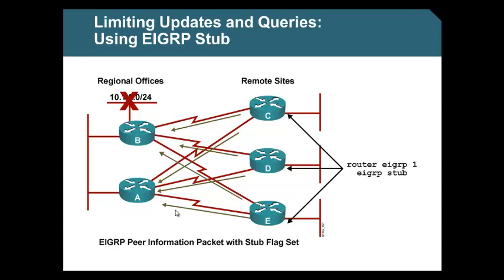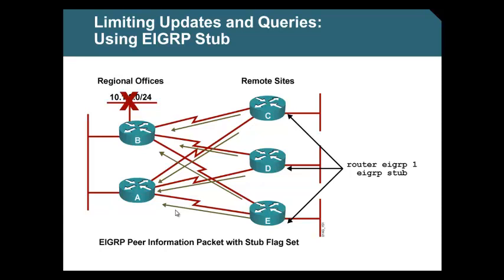But when you configure stub, like stub connected, stub receive-only, stub static, stub summary, stub default, the routers will say, if I am stub connected, I'll say, hey, I'm advertising these connected networks. Other networks I don't know. Don't ask me. So B won't ask. If a router is stub static, then the router is going to send a special message saying, this static redistributed route I have.